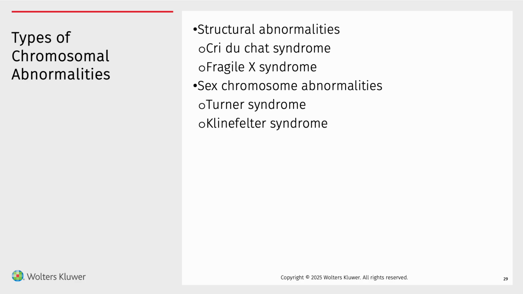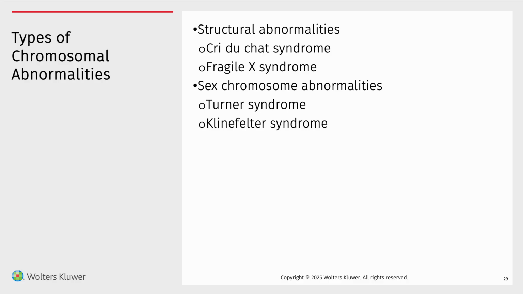47XXY. This here is more, I'll say, males with one or more extra X chromosomes. Features include tall stature, hypogonadism, infertility, and sometimes learning difficulties with this syndrome as well.